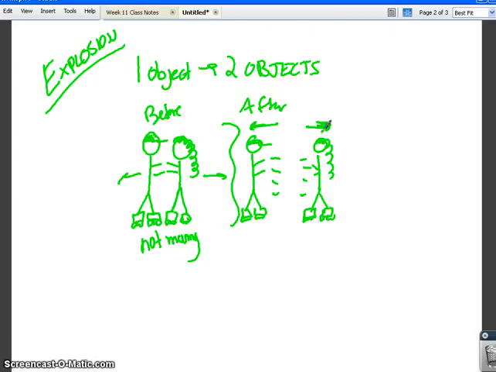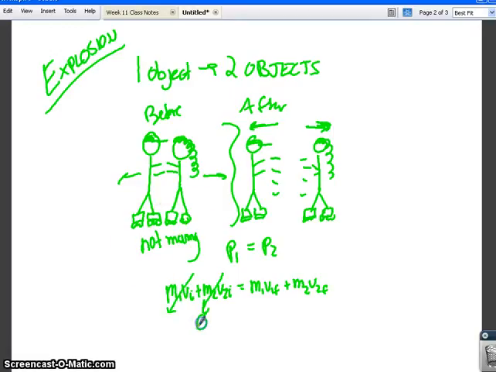Well, write the equation out again. Initial momentum equals final momentum. And so we're going to have m1v1i plus m2v2i equals m1v1 final plus m2v2 final. Well, these situations are very easy math-wise, because when they are not moving initially, you get to cross out the whole left side of the equation and make that 0.